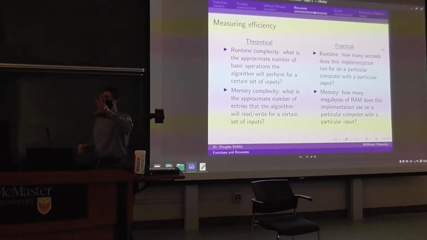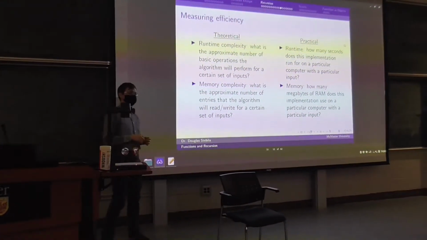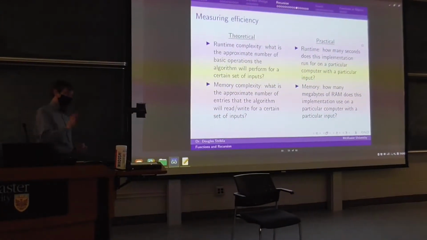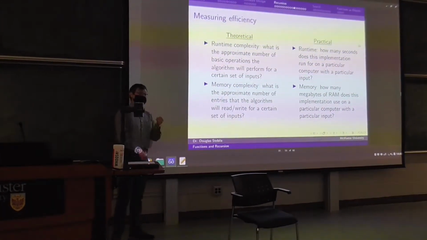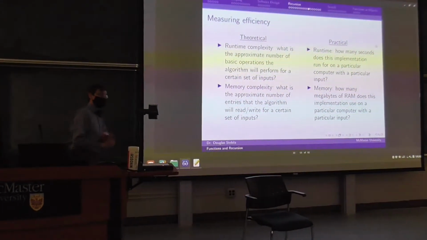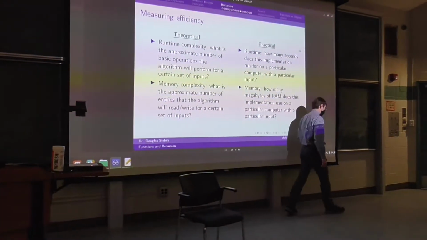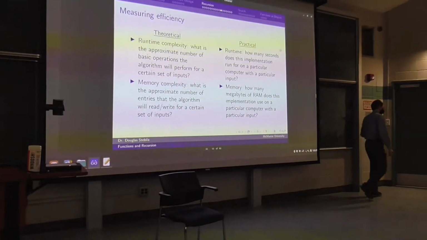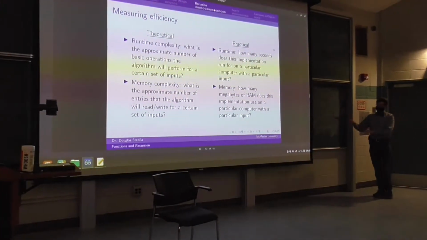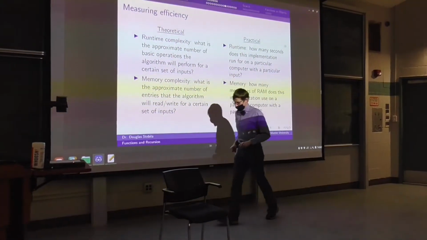You'll hear this, especially if you go on with computer science courses. You'll hear this referred to a number of different ways by different people. Sometimes it's called runtime complexity. Sometimes it's just called big O, right? Often they'll refer to a linear algorithm, an exponential algorithm, a logarithmic algorithm.